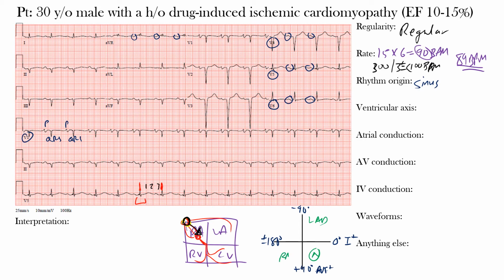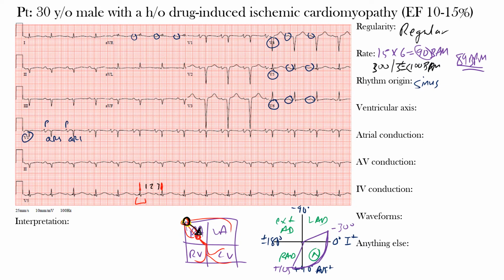This would be a rightward axis. And then this is considered extreme axis deviation if it were in that quadrant. Normal axis is actually defined from negative 30 degrees to about positive 105 or positive 110 degrees. So all this region here is normal ventricular axis. And what we want to do is look at leads 1 and AVF first.